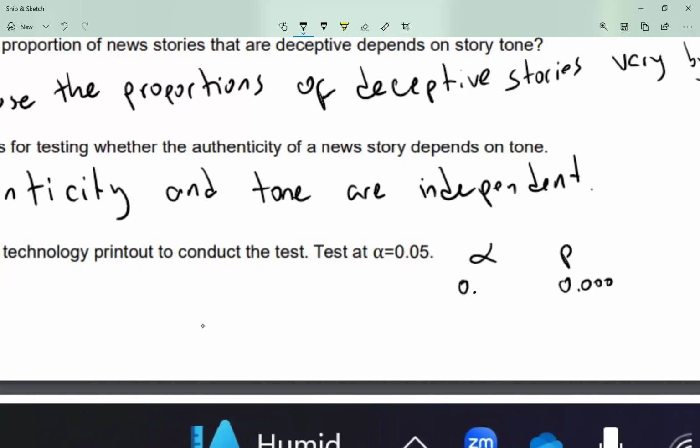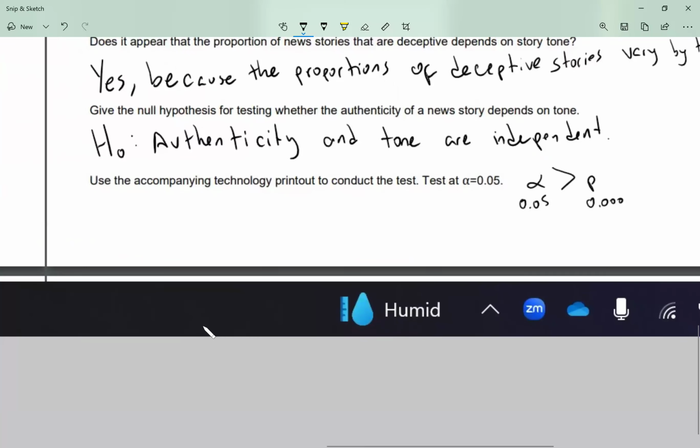My alpha is 0.05. I see my alpha is bigger than my p-value. So because alpha is bigger than p, I'm going to reject the null hypothesis. So it says use the accompanying technology printout to conduct the test. Alpha is bigger than p, so reject the null hypothesis.